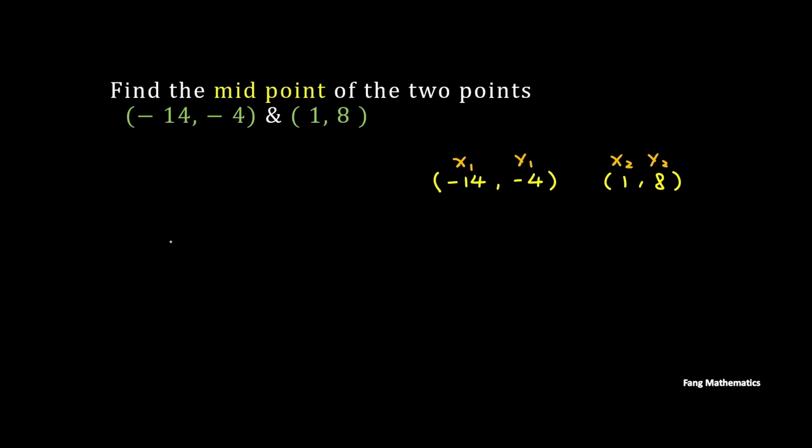And let's recall our midpoint formula. So the coordinate of the midpoint is the average of the corresponding x values and y values. I believe you should have x1 plus x2 over 2, comma, y1 plus y2 over 2.